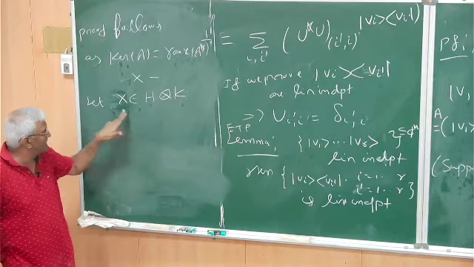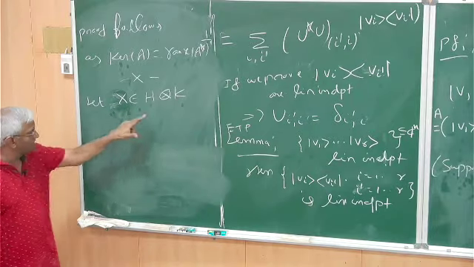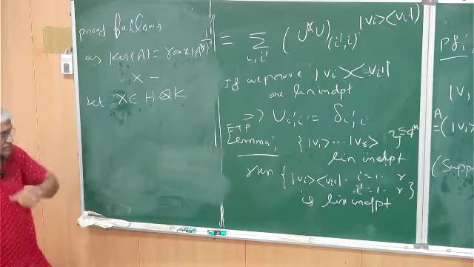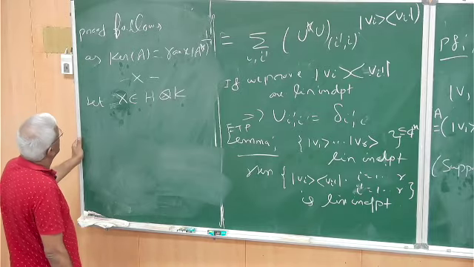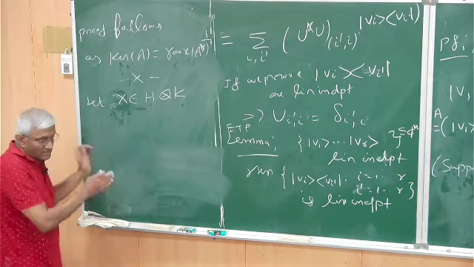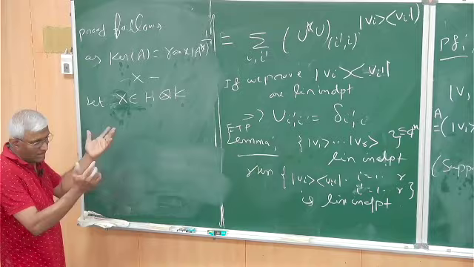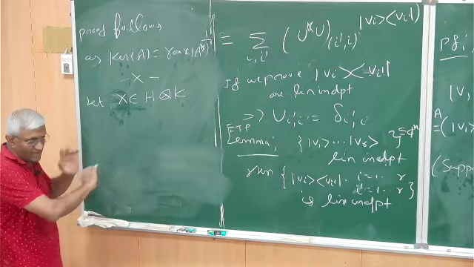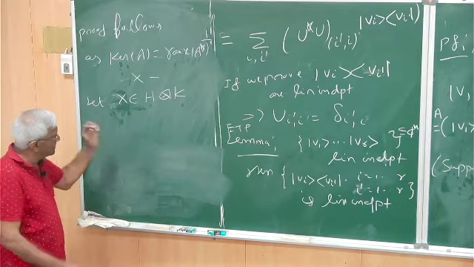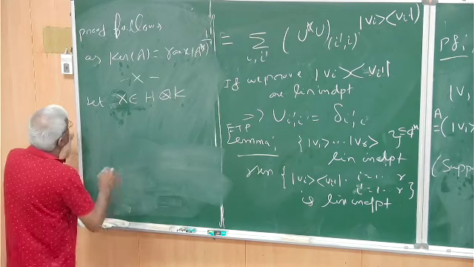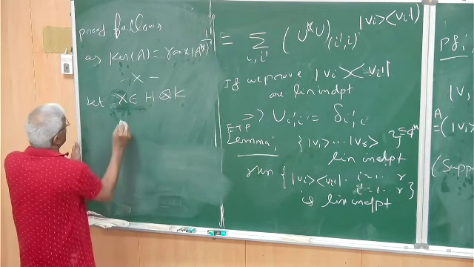So here we are just taking one X in H tensor K. Of course, trace is just the sum of the diagonal, and we have proved that trace does not depend on the orthonormal basis.